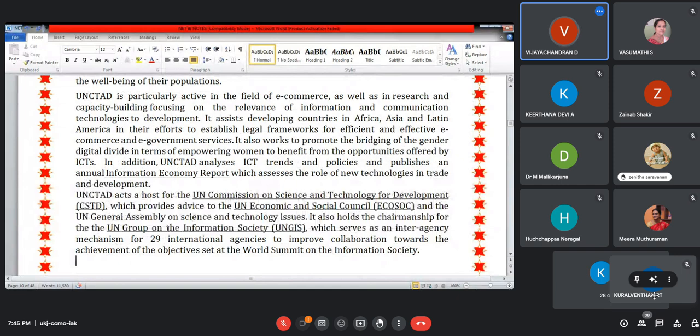So kindly note, UNCTAD acts as a host for the CSTD. What is CSTD? Commission on Science and Technology for Development, and it provides advice to the United Nations Economic and Social Council, ECOSOC. Also, the UNCTAD acts as an advisory body to the ECOSOC.